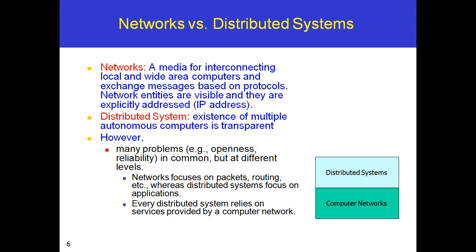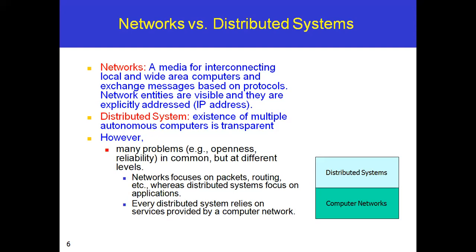In distributed systems, we need reliability. Why? Because the computers are connected in a network, located at different places, and they need to communicate. In communication, the major aspect we need is reliability. Next, networks mainly focus on packets and routing.